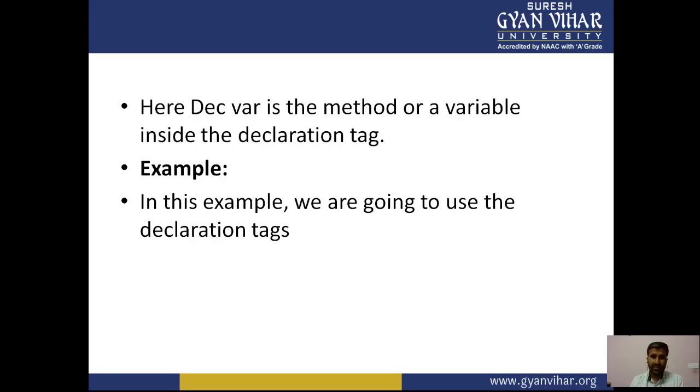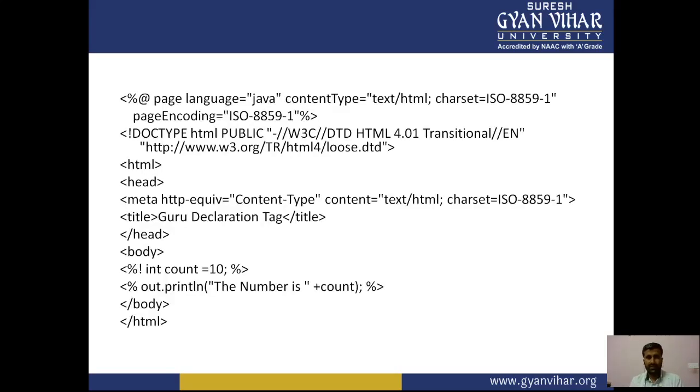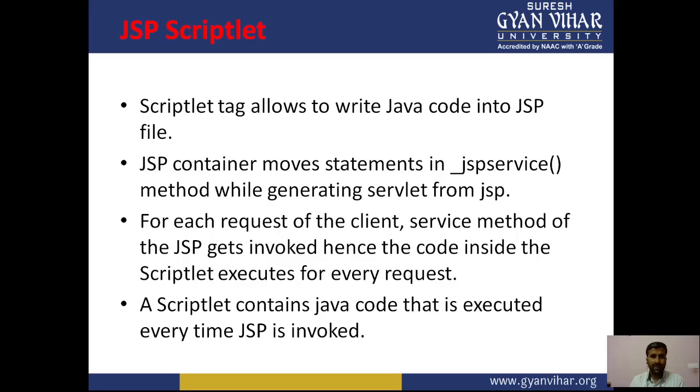Inside the declaration tag, we have declared integer count is equal to 10. With the help of the scriptlet tag, we want to print using out.println the number is count. The printed value is 10, because we initially declared 10 over here.